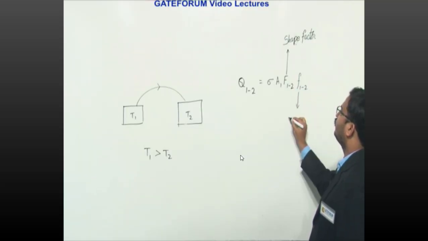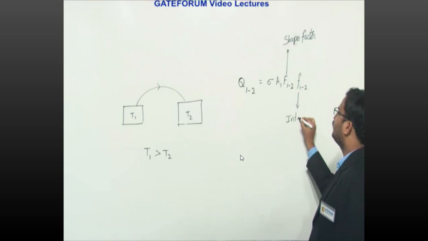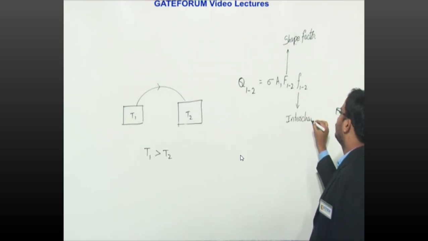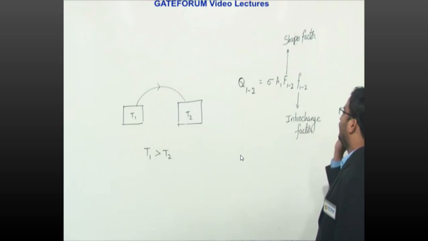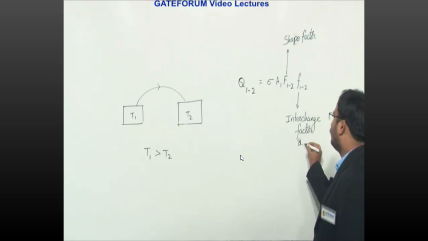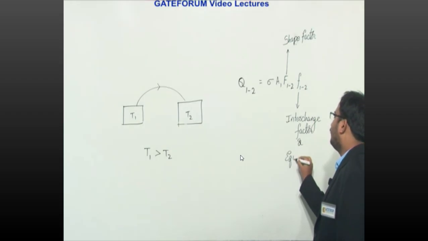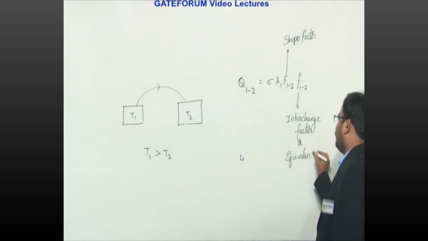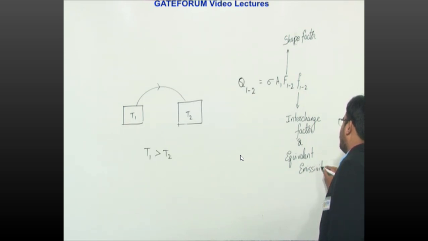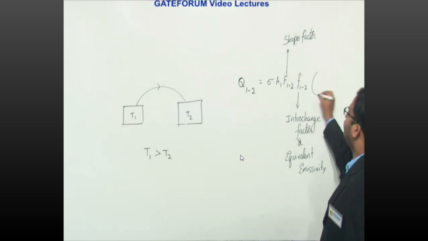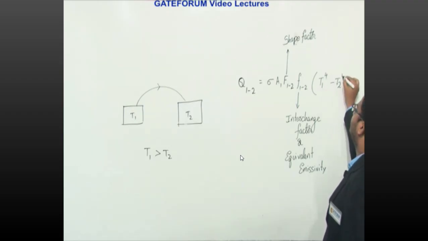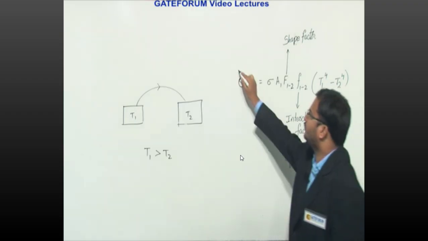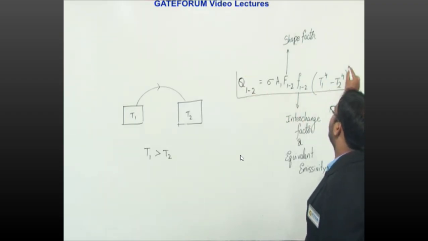This small f1 to 2 we call the interchange factor, or equivalent emissivity, multiplied by T1 power 4 minus T2 power 4. So this gives us the formula for heat transfer by radiation.